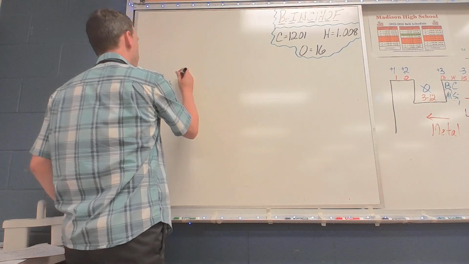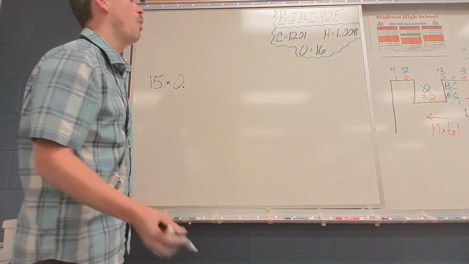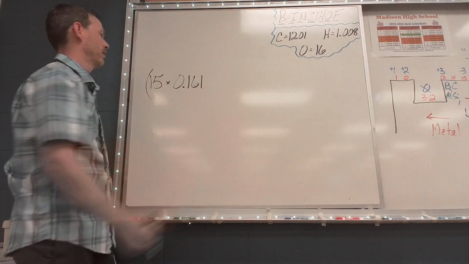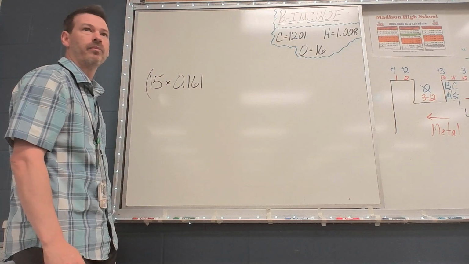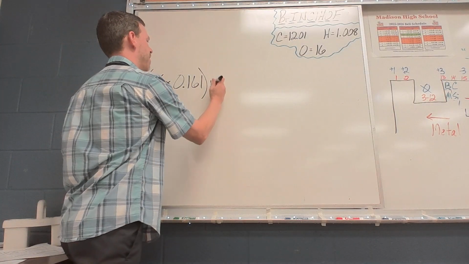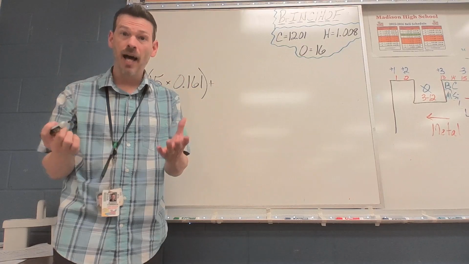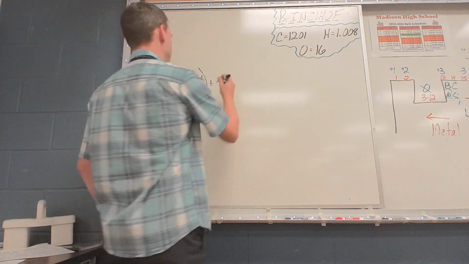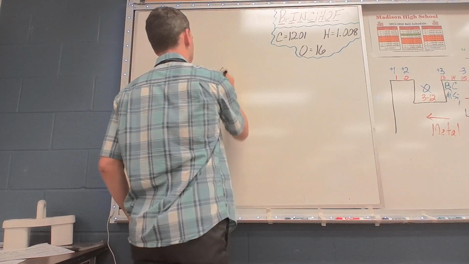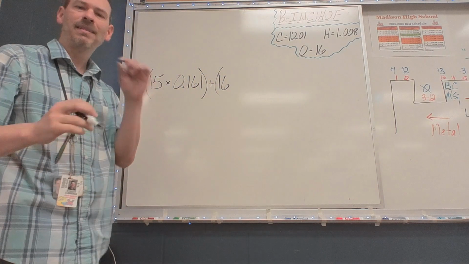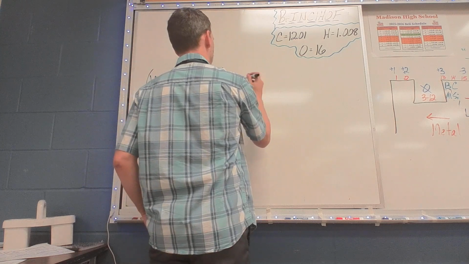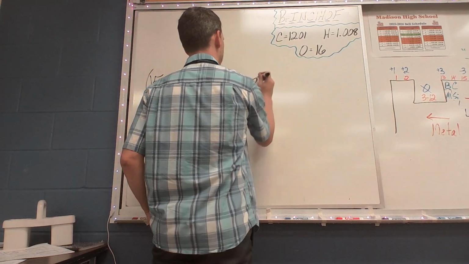So what I'll get there then is 0.161. And then if you follow the equation, plus the next data set. The next oxygen has a mass of 16 times its percentage as a decimal, divided by 100, and you'll get 0.83.